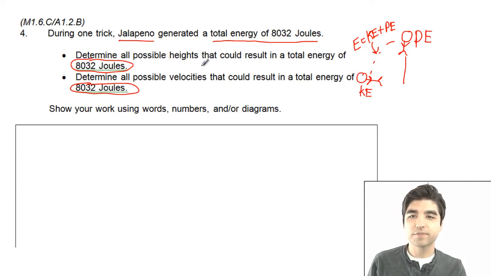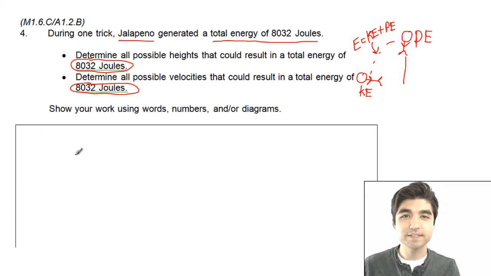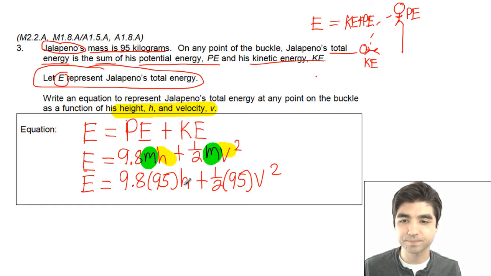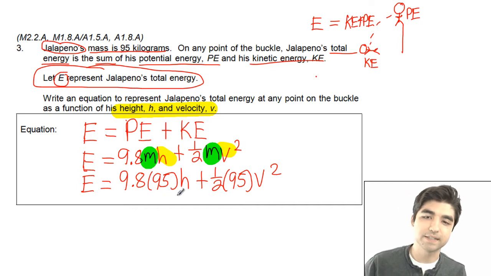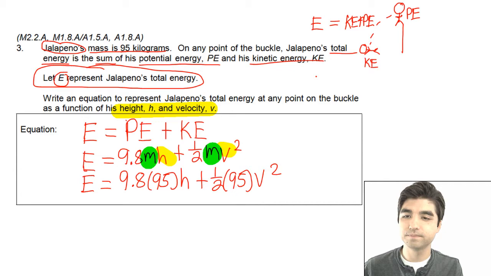So they want to know first, to determine all possible heights that could result in a total energy of 8,032. The strategy is that we need to solve this equation twice. Remember our equations from right here: E equals 9.8 times 95h plus 1/2 times 95v squared.